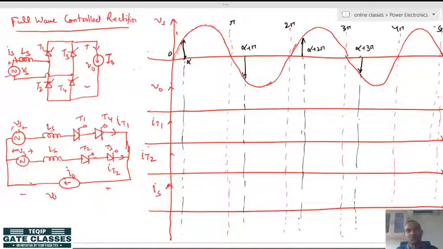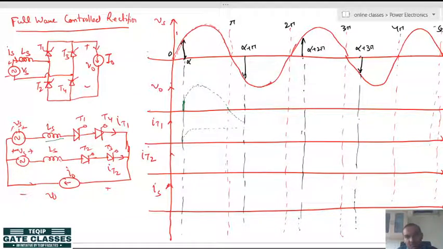We know the theory, we are only considering what will happen at the LS part. So at the starting of the cycle the output voltage will be like this. Since the load current is constant, the output voltage will go negative, and the thyristor T1, T4 current will be like this.